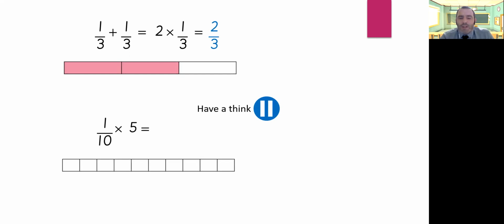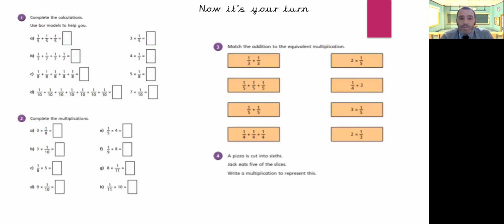Pause here to complete this question. Okay, I'm sure you're getting the hang of this now. I've multiplied this by 5. So 5 times 1/10. So if I'm using my bar model, I need to colour in 5/10. My answer is going to be 5/10 or 1/2 if we're going to simplify it.